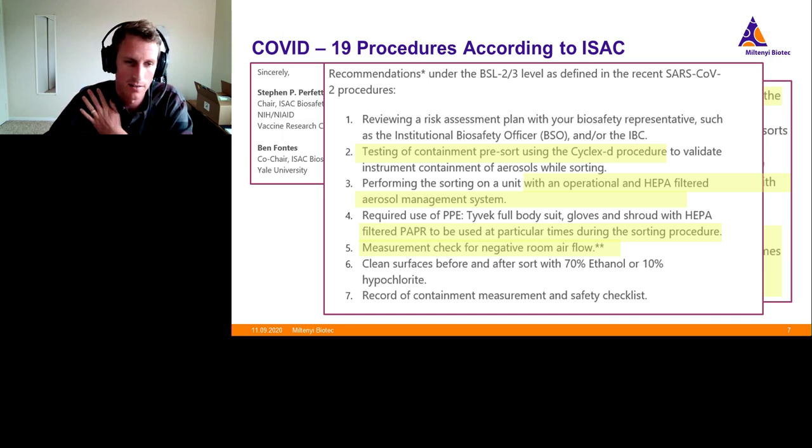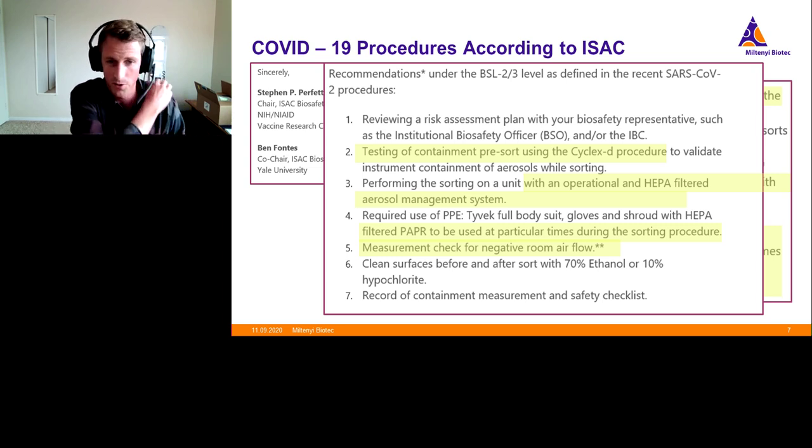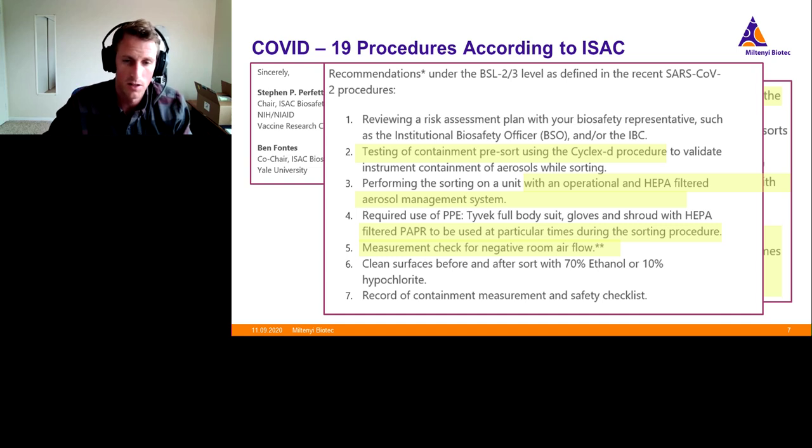They settled on some recommendations for operating with COVID-19. The COVID-19 patient samples can be safely sorted in a BSL-2 laboratory with certain BSL-3 level practices in place during the sort. In general, an aerosol management system and respiratory protection for the operator at all times when the cell sorting chamber is opened, and an SOP detailing procedure in the event of a nozzle clog.